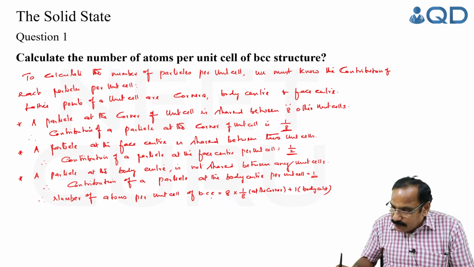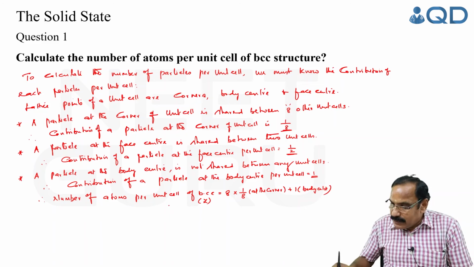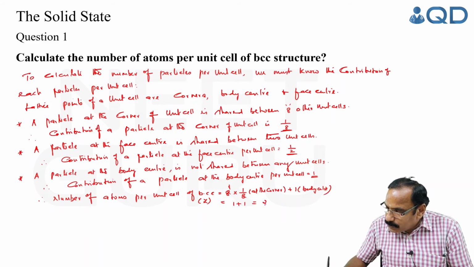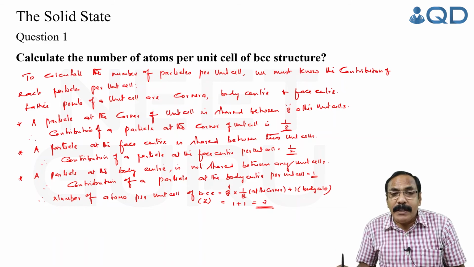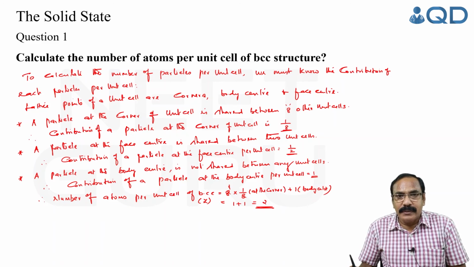The number of atoms per unit cell of BCC is represented by the symbol Z. It is 1 plus 1. So, the number of particles per unit cell of BCC is 2. This is very, very important in the calculation of density of unit cells.